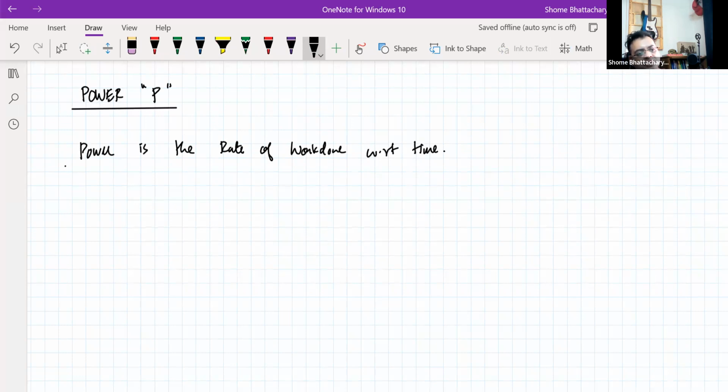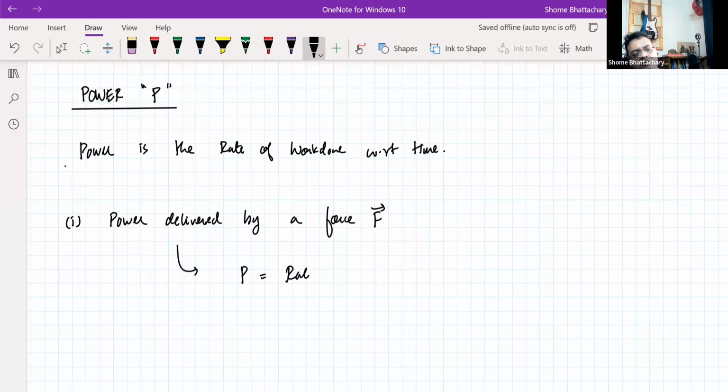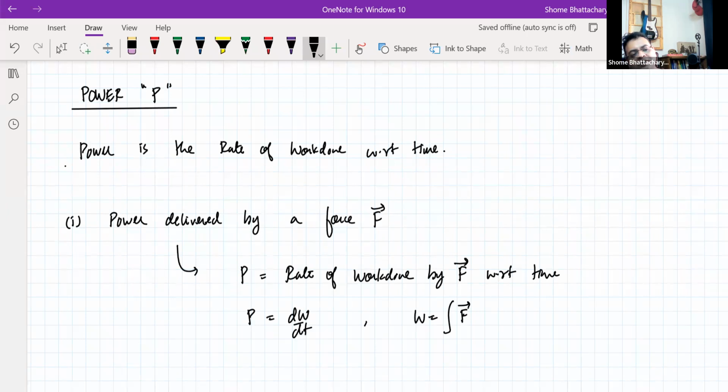So when we are talking about power delivered by a particular force, then that power is defined as rate of work done by that particular force with respect to time. So this power becomes dW by dt, where W is the work done by that particular force.